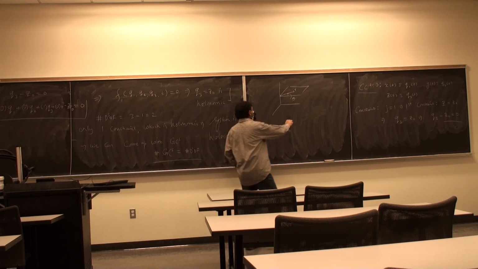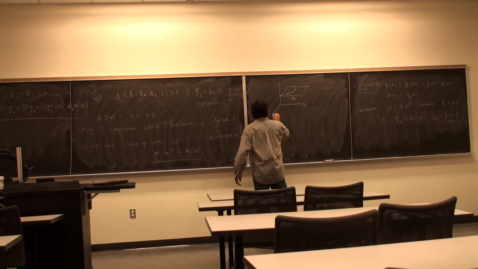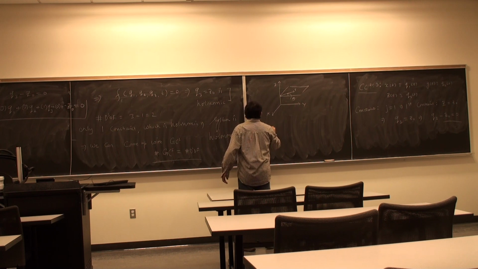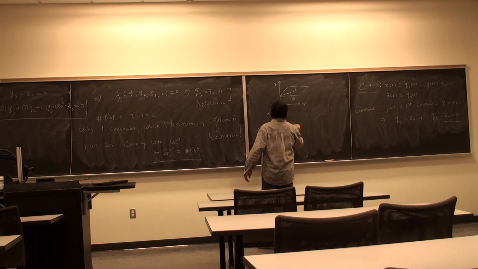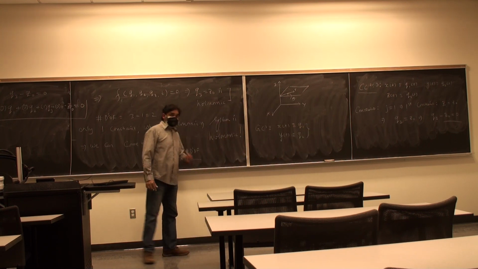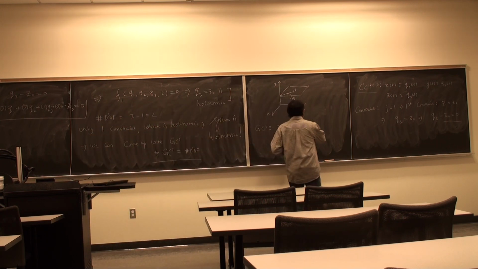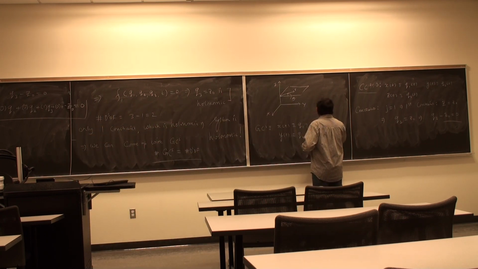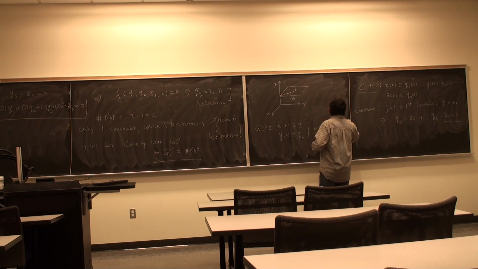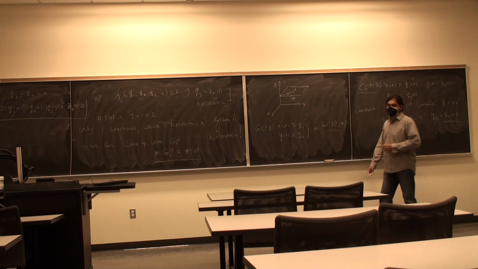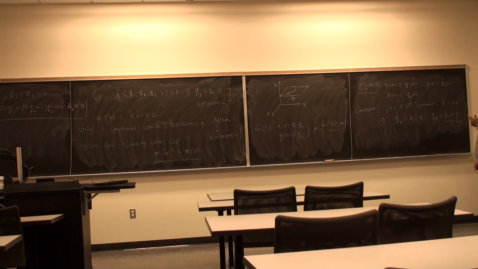I could choose x of t, which is q1, and y of t, which is q2. So this is one choice. And then another choice could be r and theta, which are also 2 in number, because I have 2 degrees of freedom.